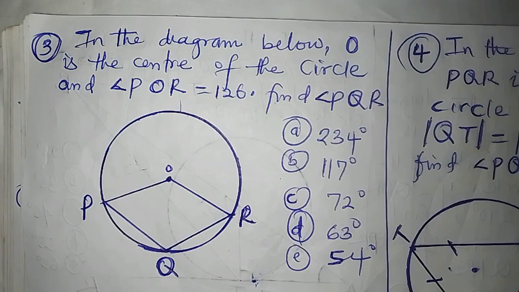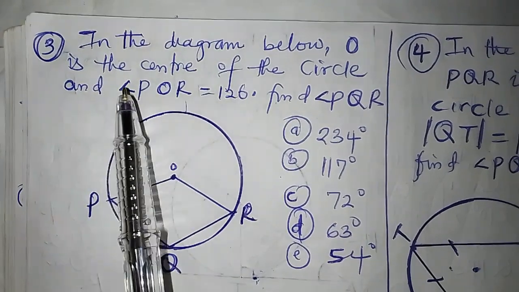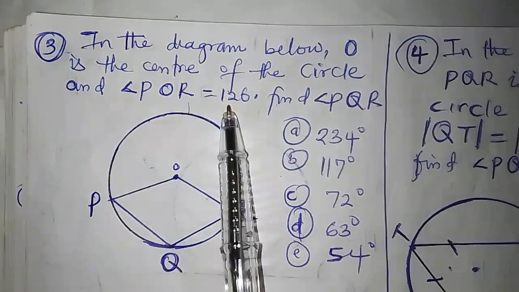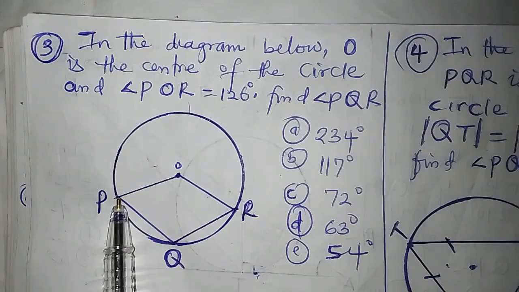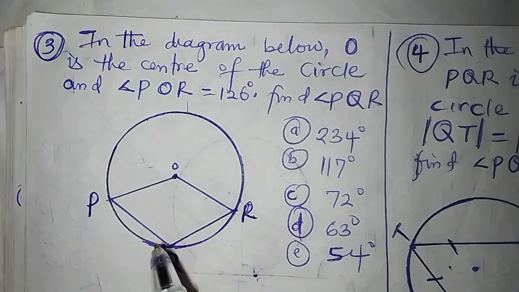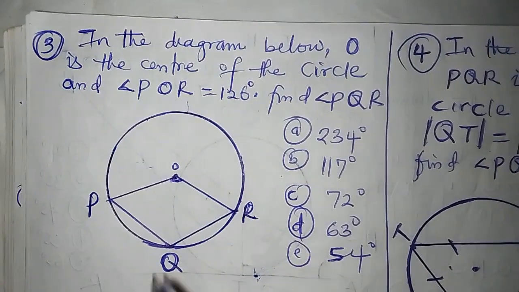Alright, this is question 3. It says, in the diagram below, O is the center of the circle and angle POR is 126 degrees. O is the center. Angle POR, this angle at this point, is 126 degrees.